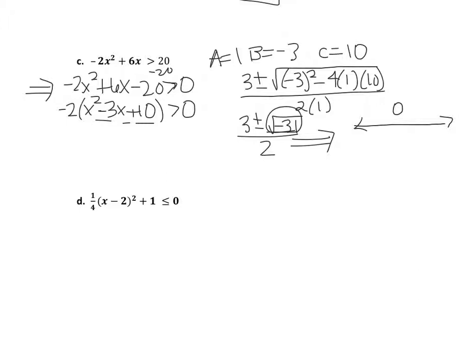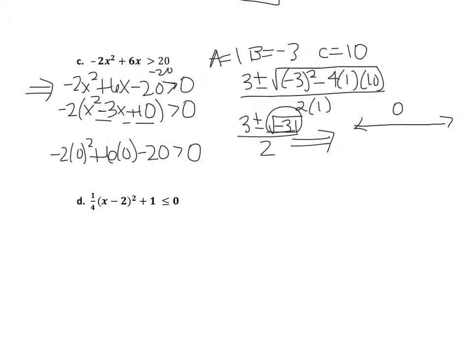So what we have to do is pick a number and plug it in and see, does it give me a true statement? Because if it gives me a true statement, then it's going to be all real numbers. If it gives me a false statement, then it's going to be no solution. So if I pick 0 and plug it into this inequality right here: -2 times 0 squared plus 6 times 0 minus 20 is greater than 0.